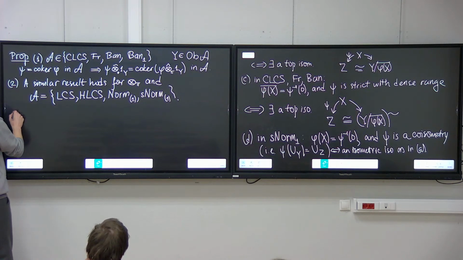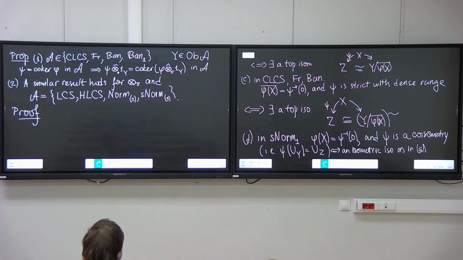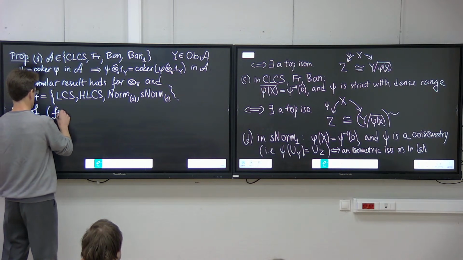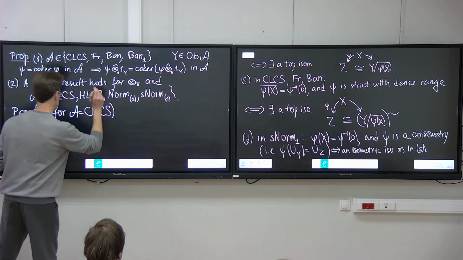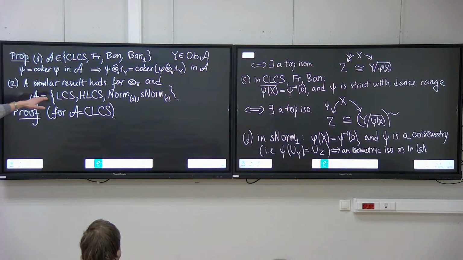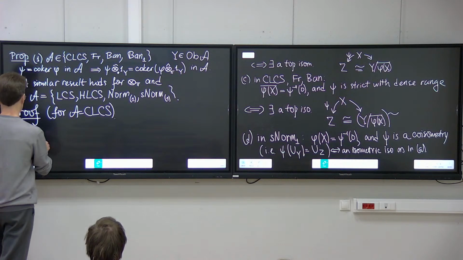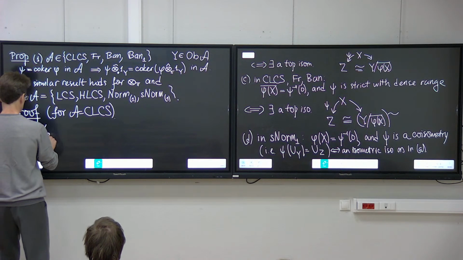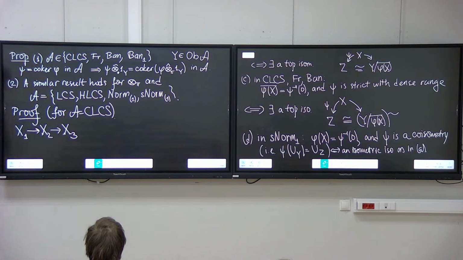Well, let's discuss the proof in the case where A is the category of complete locally convex spaces. In fact, essentially the same proof works for other categories in our list. So let's take our sequence, our diagram. We have only finitely many letters, so let's denote all spaces by X1, X2, and X3.